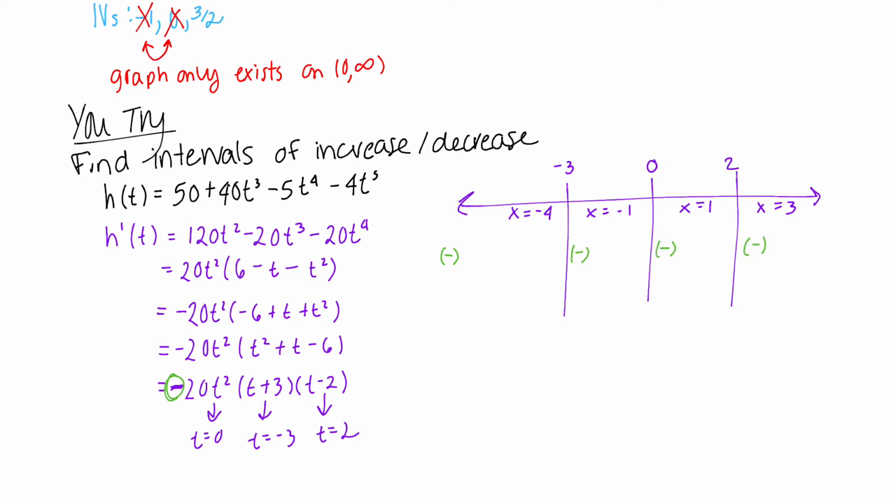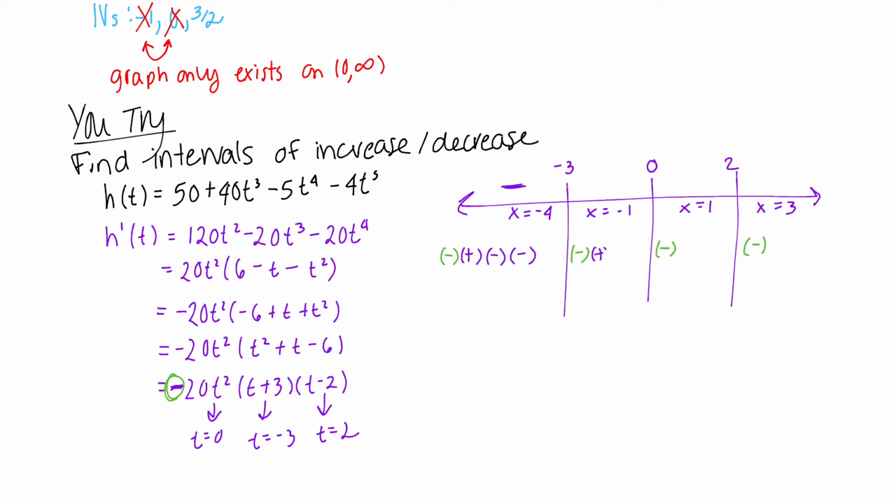Keep that in mind. Then plugging into t squared, that one's always going to be positive, right? Negative 4 squared is positive. Negative 4 plus 3 is negative. Negative 4 minus 2 is negative. 3 negatives make a negative. And you can put that up here if you want to.